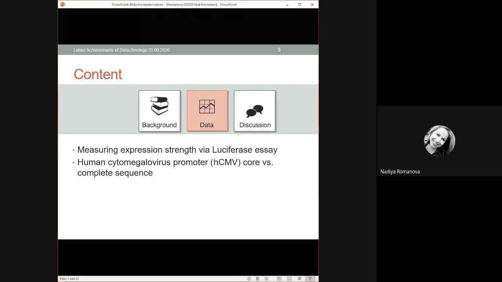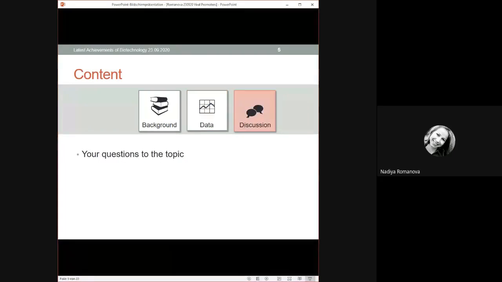Then the results deal with one of the viral promoters, the cytomegalovirus promoter, known as CMV promoter. There are two types of this promoter, namely the core promoter and the complete sequence of the promoter. They have some essential differences which lead to different levels of transcription. And at the end, of course, you will be able to ask questions.